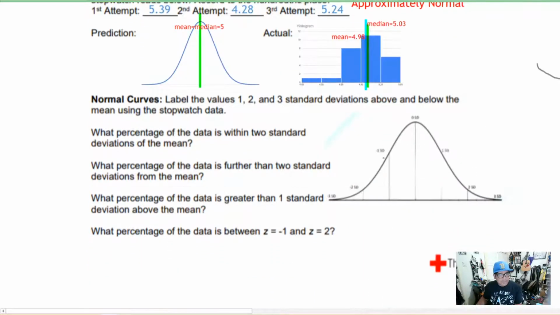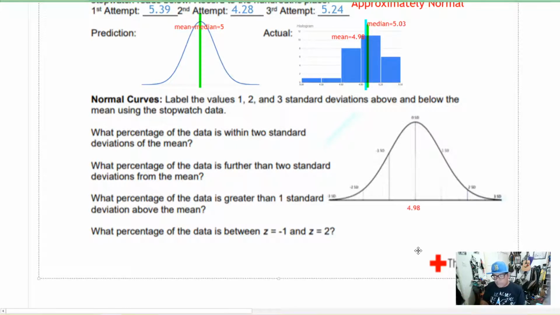All right, so here's what we're going to do over here. This is a normal curve, and we're labeling the values of 1, 2, and 3 standard deviations above the mean using the stopwatch data. Now, we already said that the mean was 4.98. So we'll put a 4.98 right in the middle.